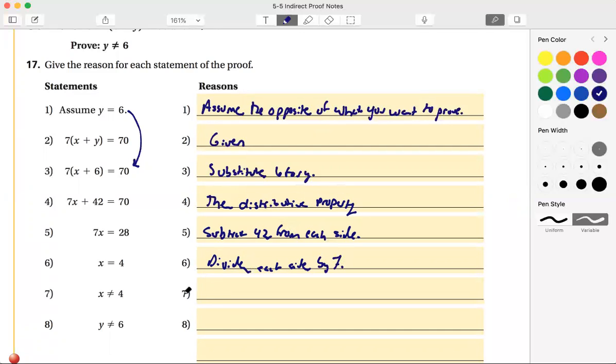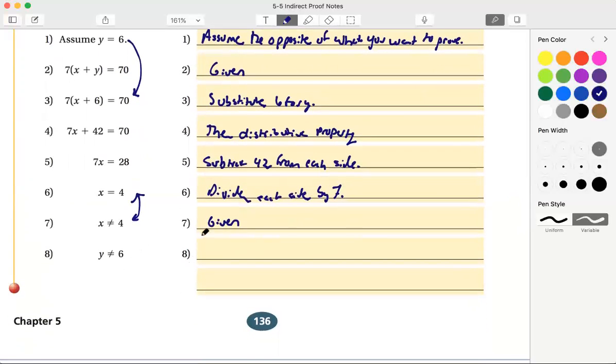All right, now I'm about done, but I remember there was another piece of given information. And notice what happened when I put that in the proof. They contradict each other. So statements 6 and 7 contradict each other.